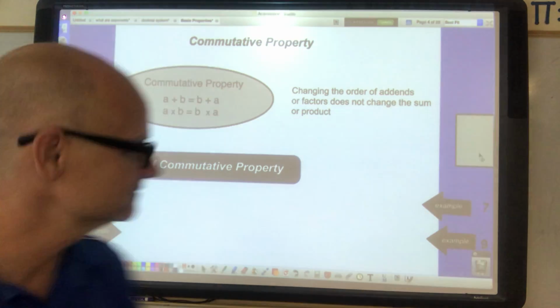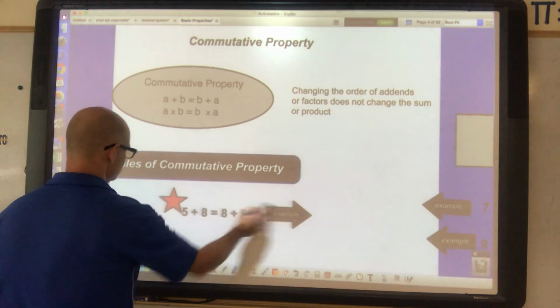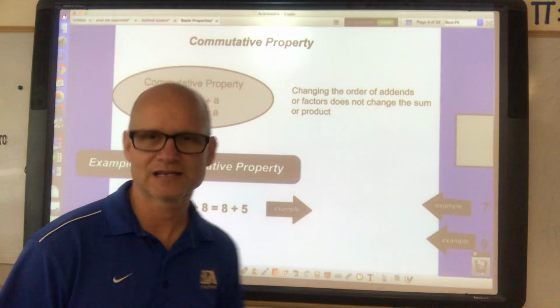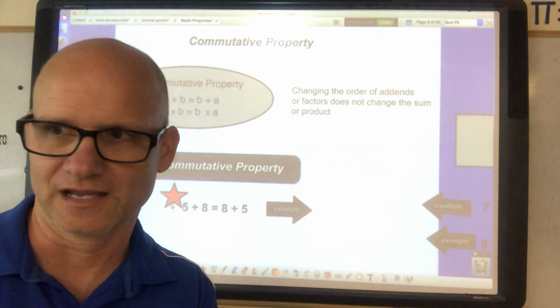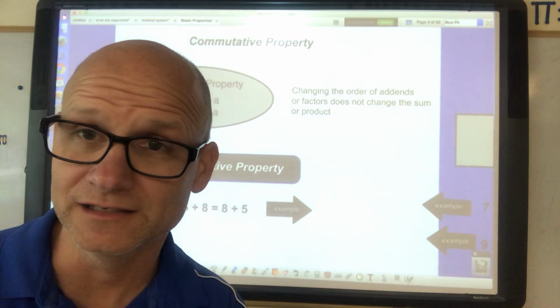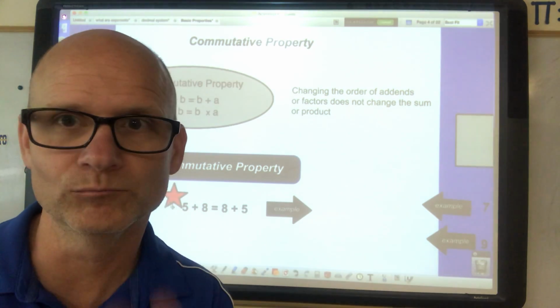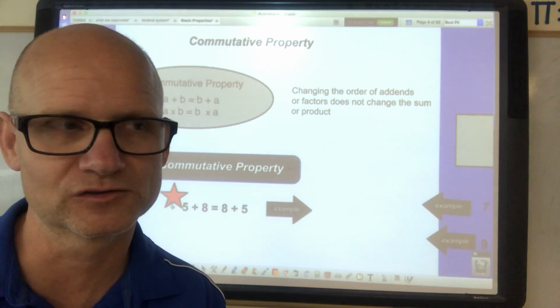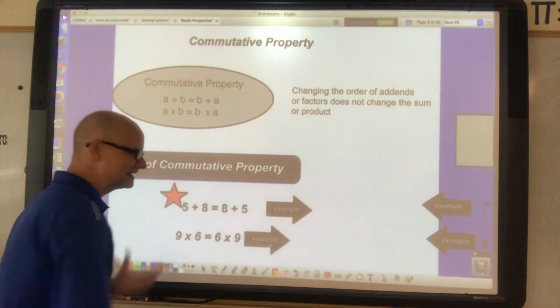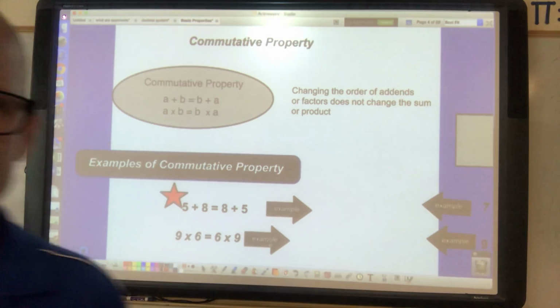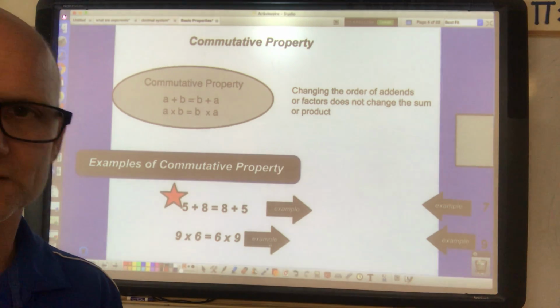But all it means is, and you guys have known this, that if you say 5 plus 8, that's the same thing as saying 8 plus 5. 5 plus 8, 13. 8 plus 5, 13. You don't need to do any more math. Likewise, if you say 9 times 6 is 54, then 6 times 9 is 54.